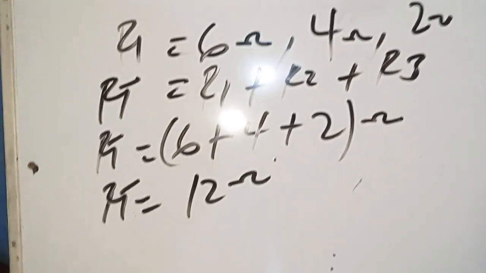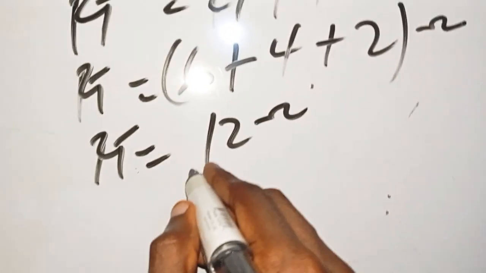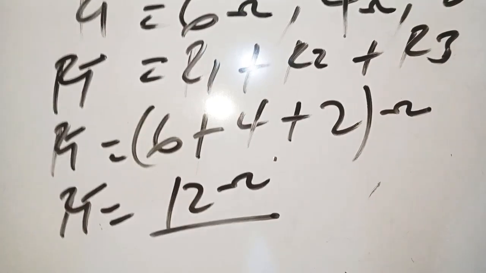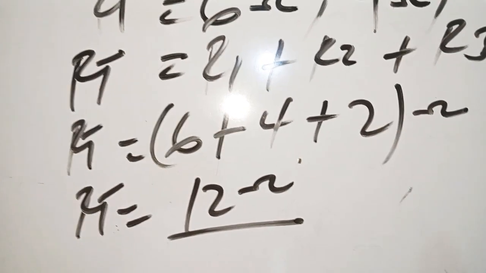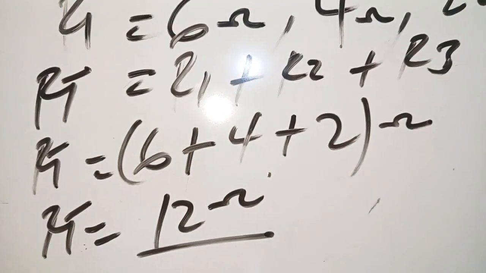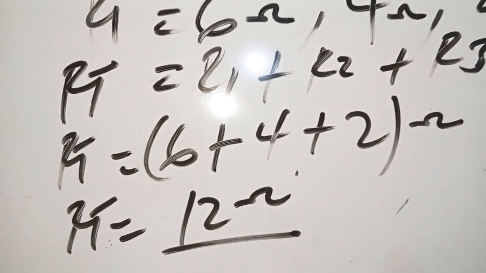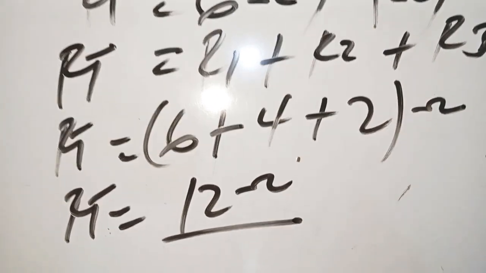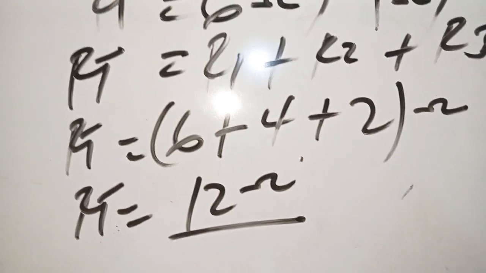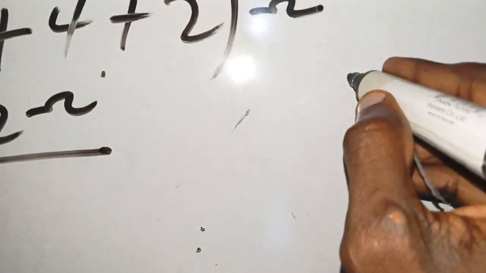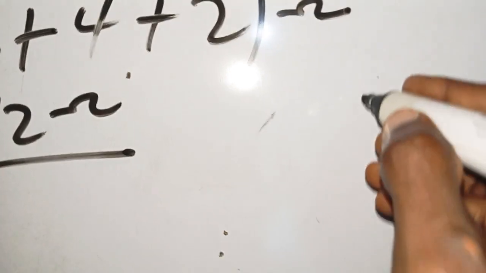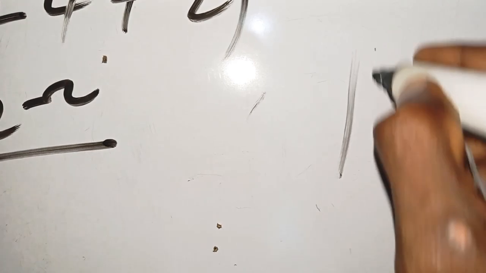Now we have our 12 ohms as the total resistance, so we move forward to calculate the total voltage in the circuit.